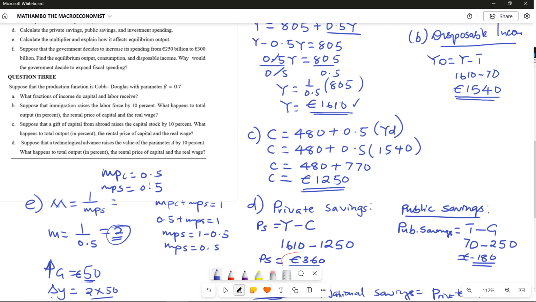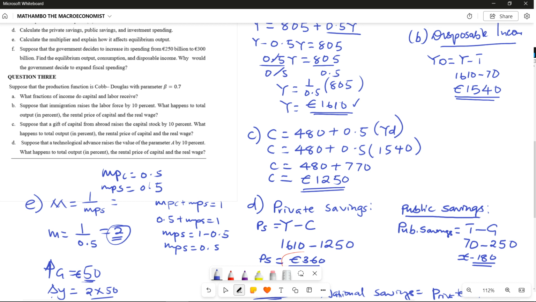Therefore, the government would decide to expand its fiscal spending so as to boost equilibrium demand, first of all aggregate demand, and also aggregate output, so that we can boost our economic growth. That is the reason the government may decide to increase its expenditure.